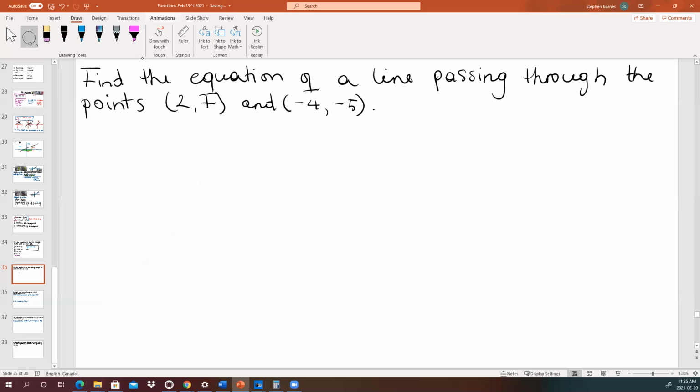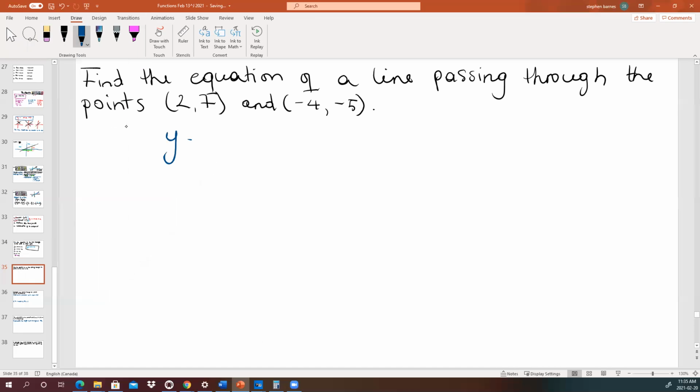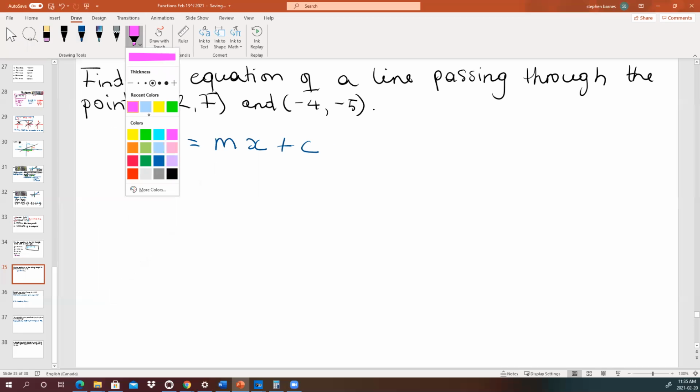So you're being asked for the equation of the line. I'm just going to write it for emphasis every time: y equals mx plus c. To give your answer, you need to find m and you need to find c, neither of which you get in the question.